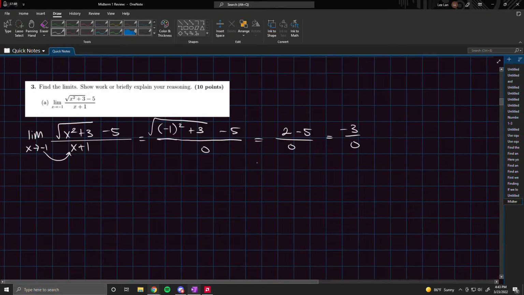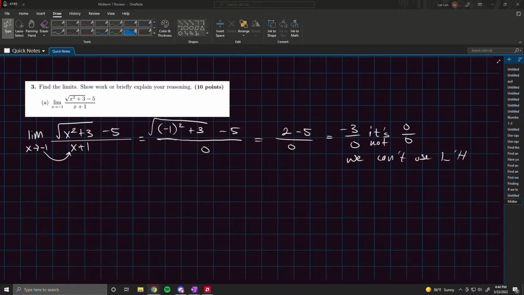So unfortunately, because it's not 0 over 0, we can't use L'Hopital, I think. Let me do some Googling.